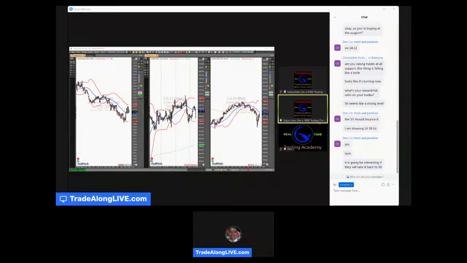A little bit of a rotation here against the 74 area. If you jumped in there, we talked about it being a little bit of resistance coming back up here. Nice little trade there if you did jump in.